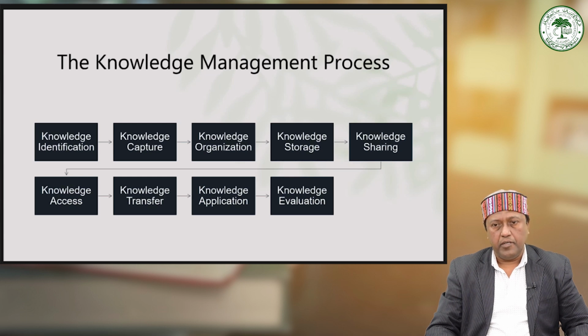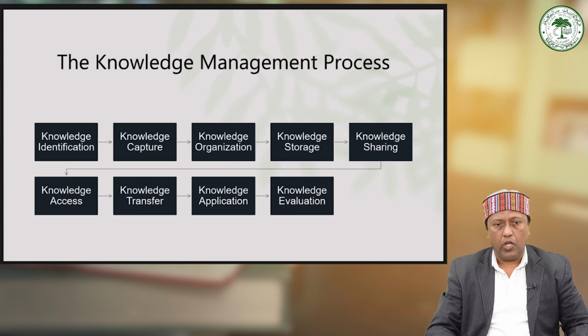Captured knowledge needs to be organized and categorized effectively to make it easily accessible and retrievable. This may involve creating taxonomies, classification schemes, databases, or knowledge repositories to organize knowledge assets based on their content, relevance, and context.